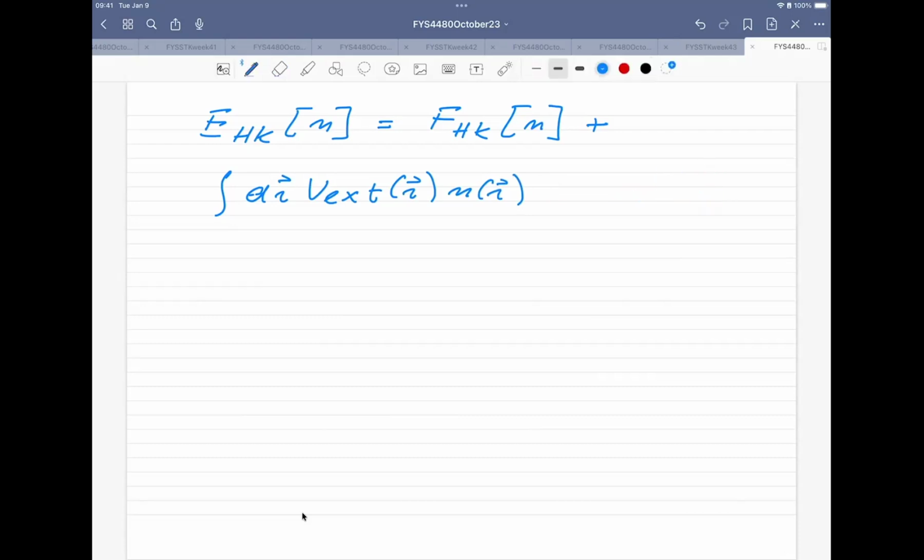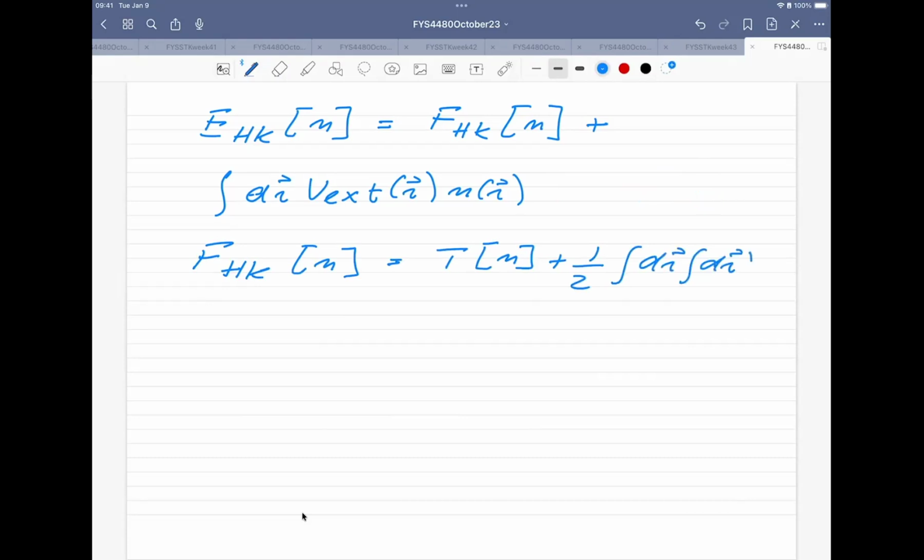So this functional here is determined in terms of the interactions, except for this external interaction. So this is given by kinetic energy plus, and when we now extract the direct term, we could write that out, as we showed last time, in terms of a term which we call the Hartree term.